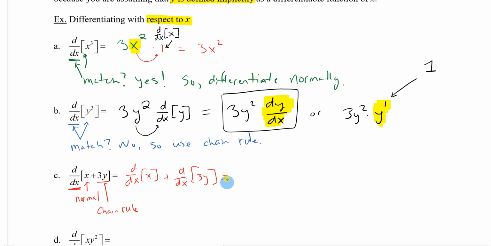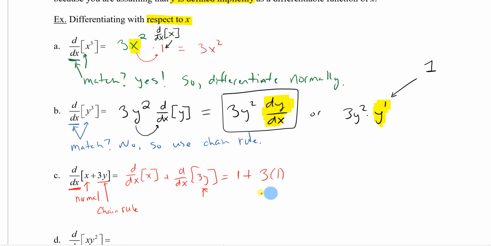This is a rule that you guys learned. It's a theorem. The derivative of two or more functions is just the sum or difference of the derivatives. So the derivative of x is 1 plus the derivative of 3y. Well, treat 3y like it was 3x. The derivative of 3y is just 3, but take the derivative of y and multiply it to the outside.